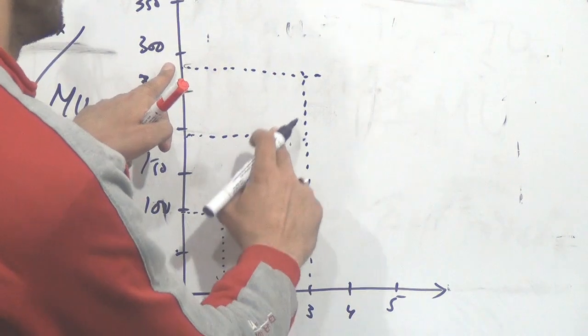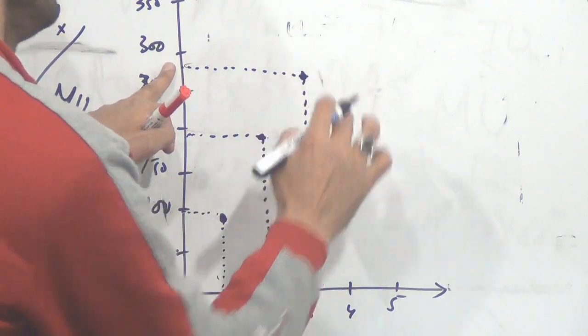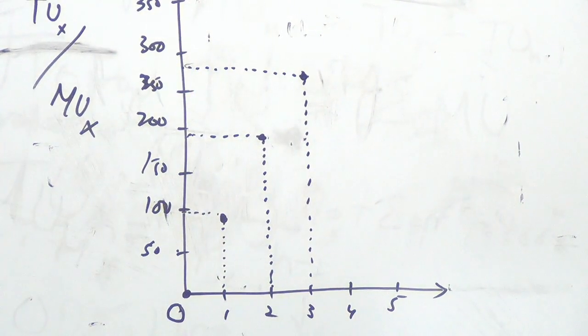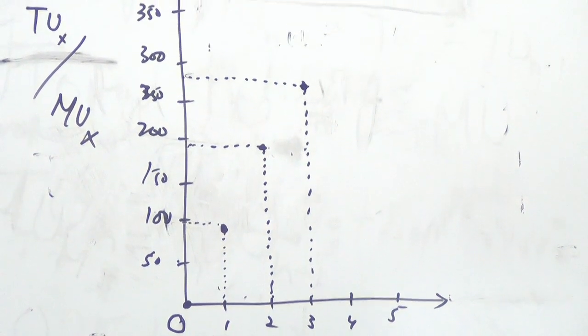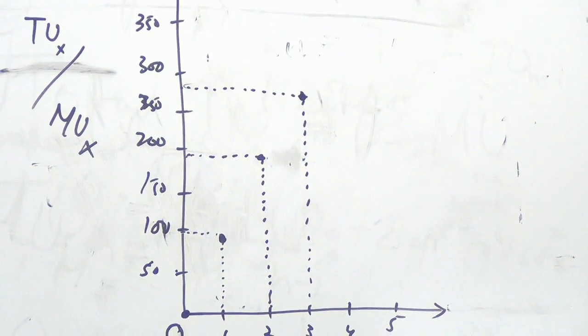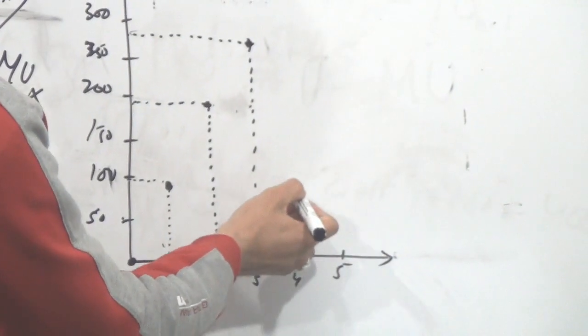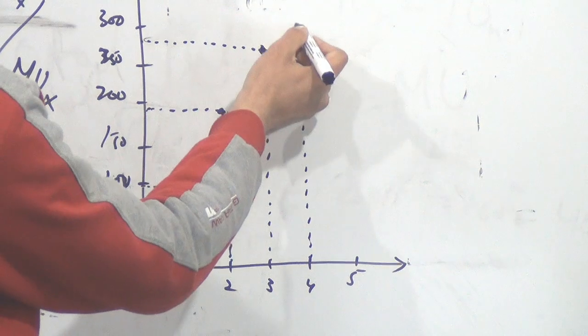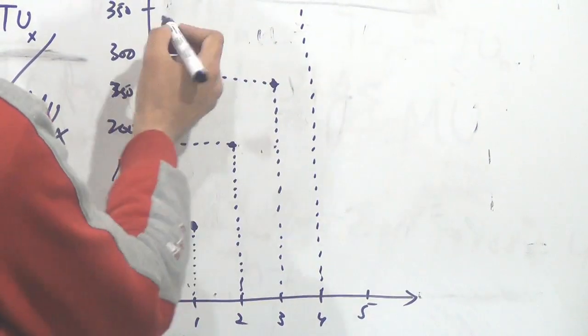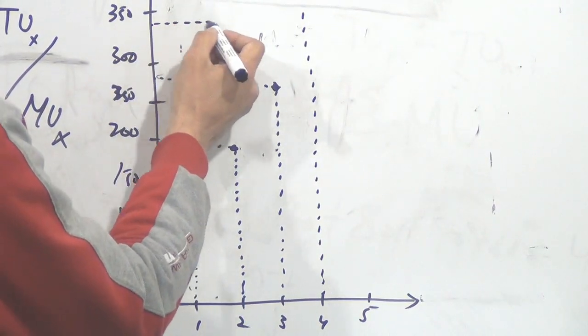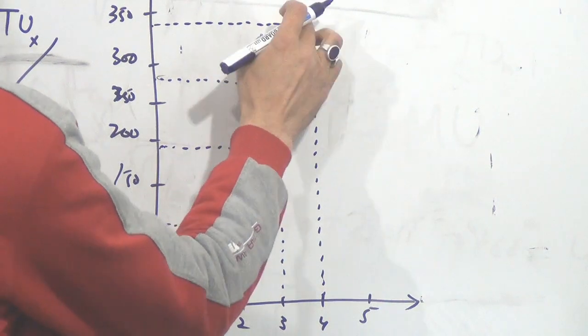This meeting point, this equilibrium point, this stationary point, is what we are looking for. We have gone through the third unit, and now the fourth unit, 340. I'll extend this fourth unit like this. 340 will be somewhere, say like here, 10 units short of the 350.